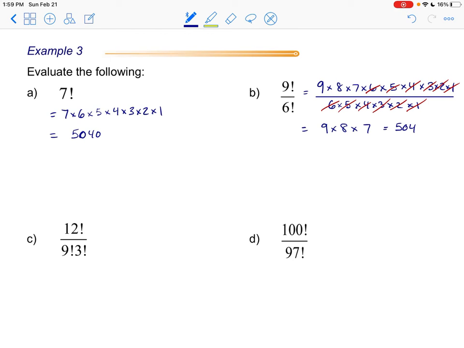It gives us that idea that we can write out any factorial n as n times n minus 1, etc. So we could also write this as 9 times 8 times 7 times 6 factorial over 6 factorial, and then cancel those, which just gives us the same 9 times 8 times 7, which is 504. So whenever you see factorials and fractions like this, ask yourself what can cancel.